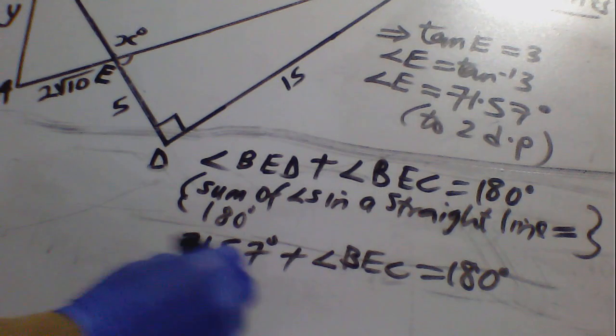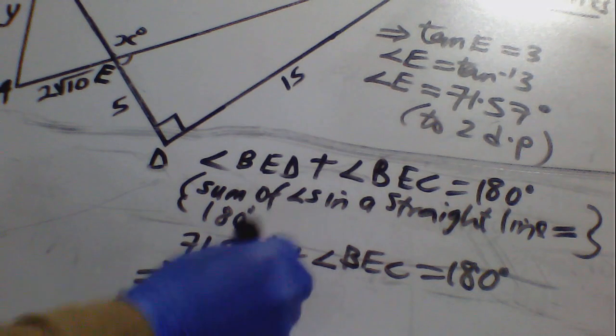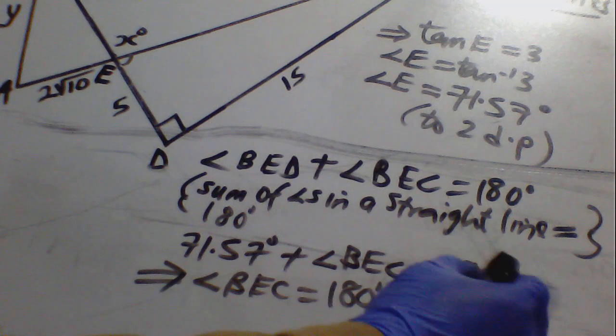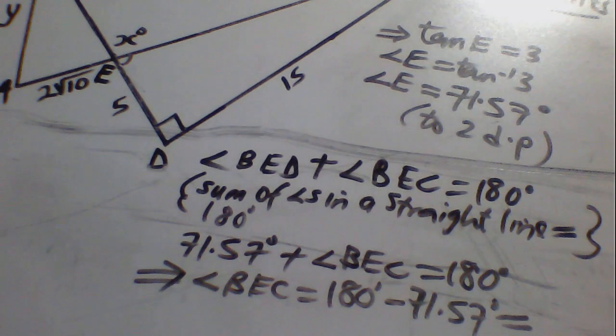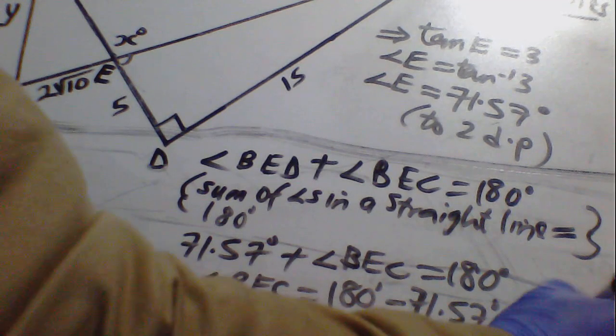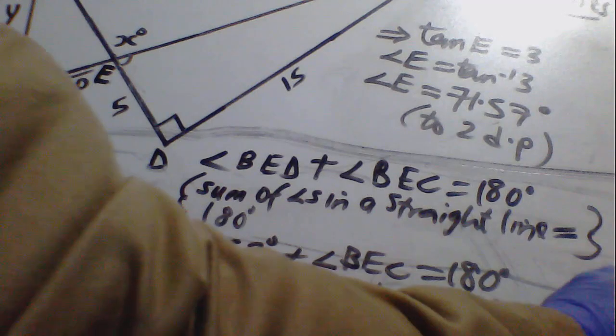This implies that angle BEC is 180 degrees minus 71.57 degrees. So do the subtraction. Do you have a calculator? Do it immediately. 180 degrees minus 71.57, you have 108.43.